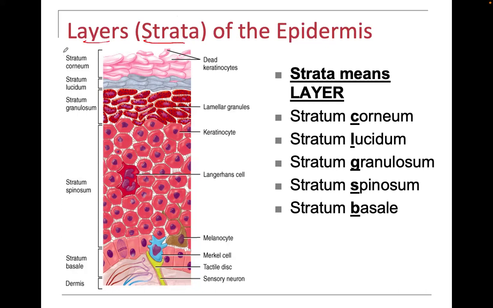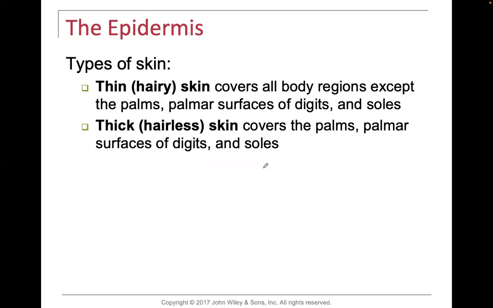And you can see from superficial to deep, we've got one, two, three, four, five layers where we have thick skin. Where we have thick skin, it's going to be over the palms, the palmar surface of your digits and the soles of the feet.